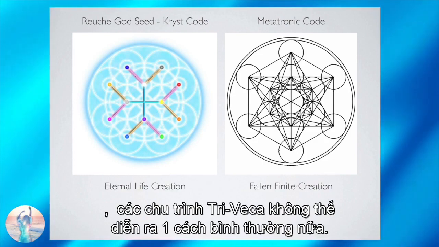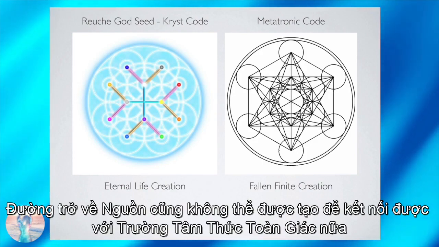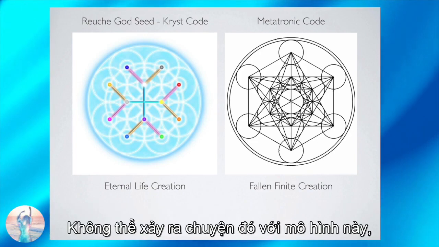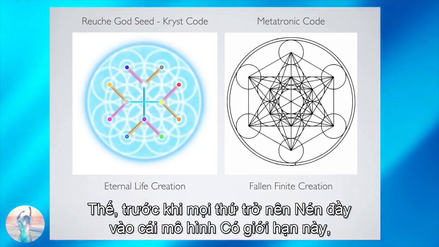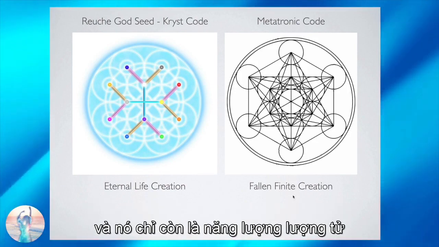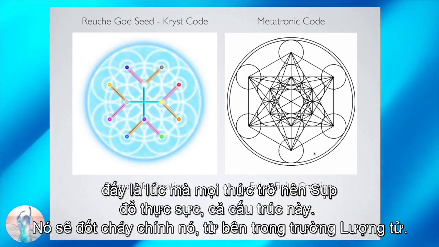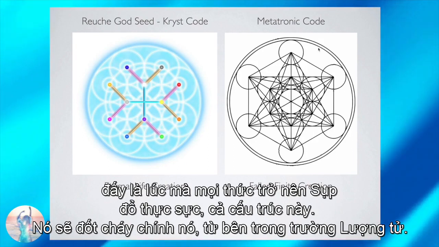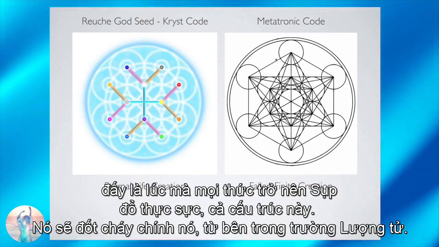So the phasing that normally takes place to create the backflow return with God Source Consciousness field can no longer take place in this template. So therefore this becomes a fallen finite template, and it only has the quantum of energy in it at the point when it became fallen in this structure.